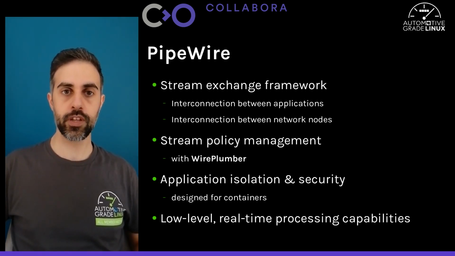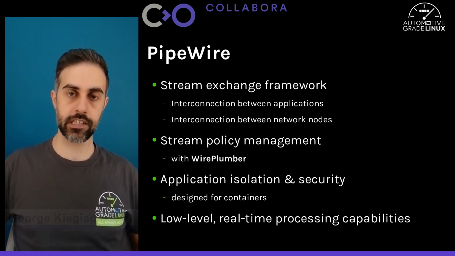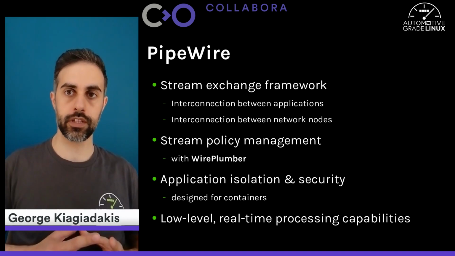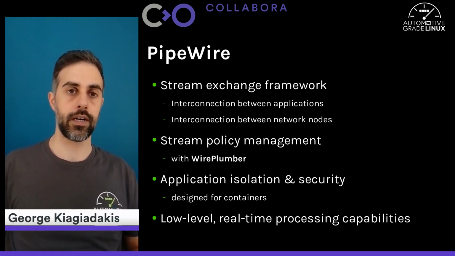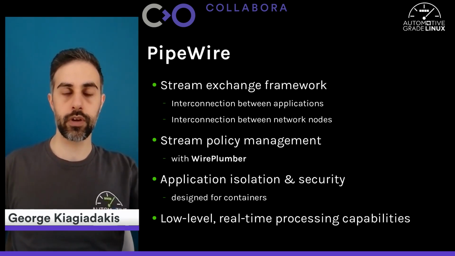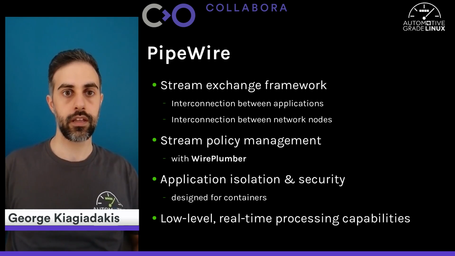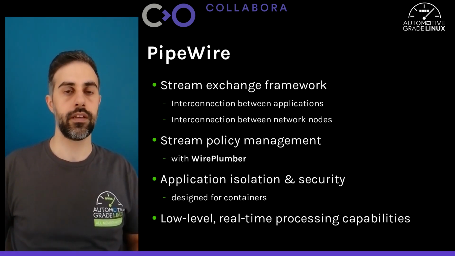And from the viewpoint of the system, where we may have multiple applications trying to get access to a single device or trying to share content between them, or where we have remote streams coming and going to and from the network, the solution for managing all of these streams is PipeWire.